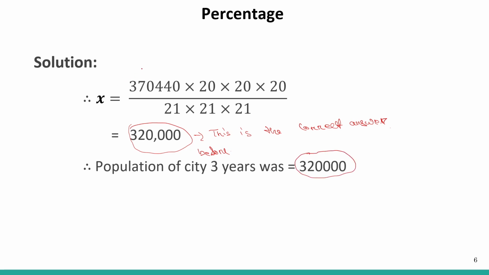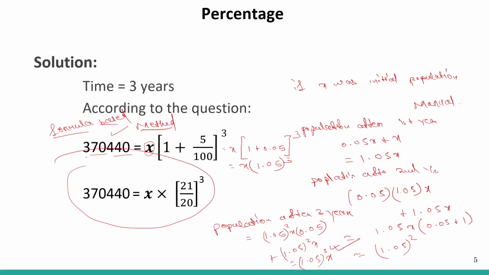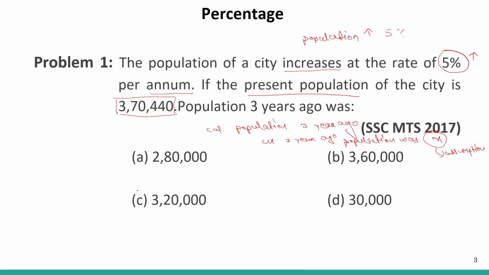That is why, after a 5% increase each year, the population after 3 years became 3,70,440, the present population. So the only correct option among these is 3,20,000, and all the others are wrong.